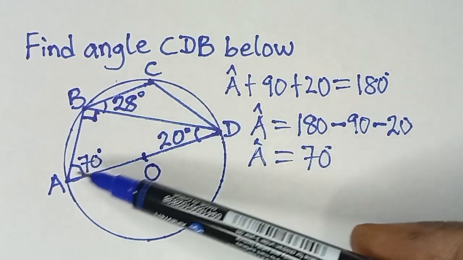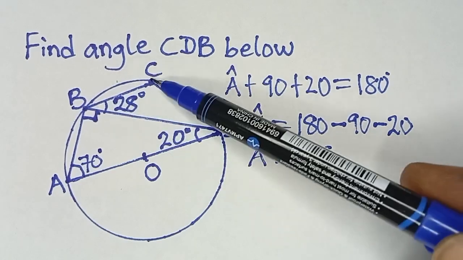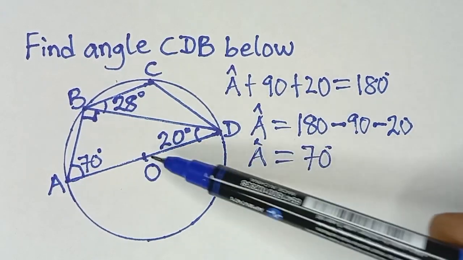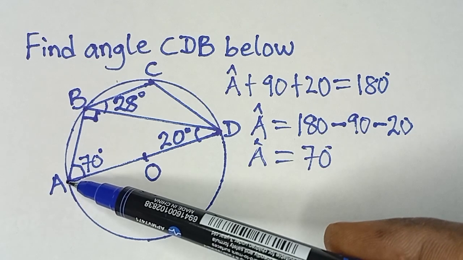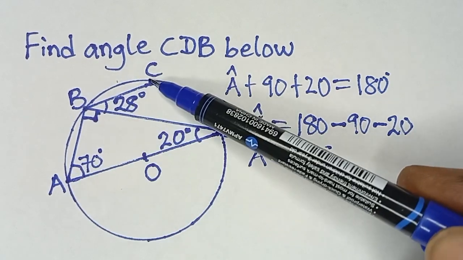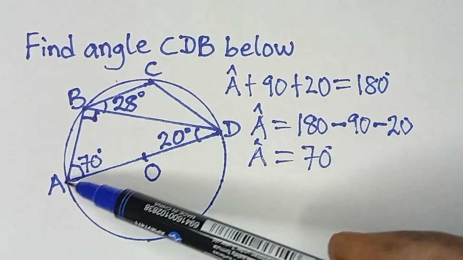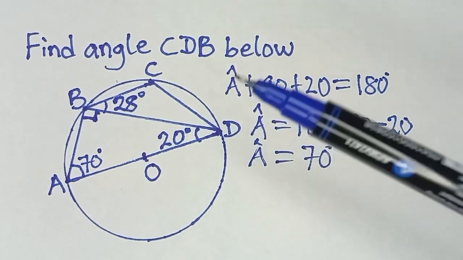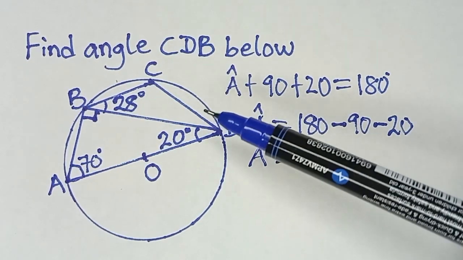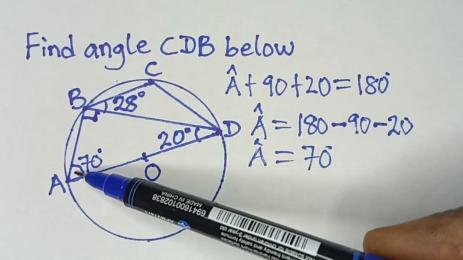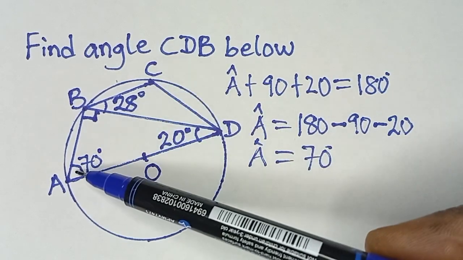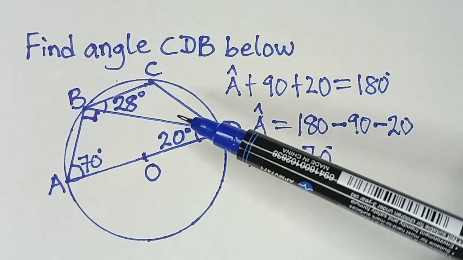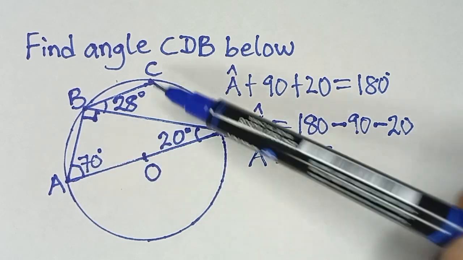Then now let's look at this quadrilateral ABCD. So this is a cyclic quadrilateral. A quadrilateral where all its vertices are on the circumference of a circle is a cyclic quadrilateral. And the theorem for a cyclic quadrilateral states that the opposite angles of a cyclic quadrilateral are supplementary, meaning that if you add them together, they give you 180.